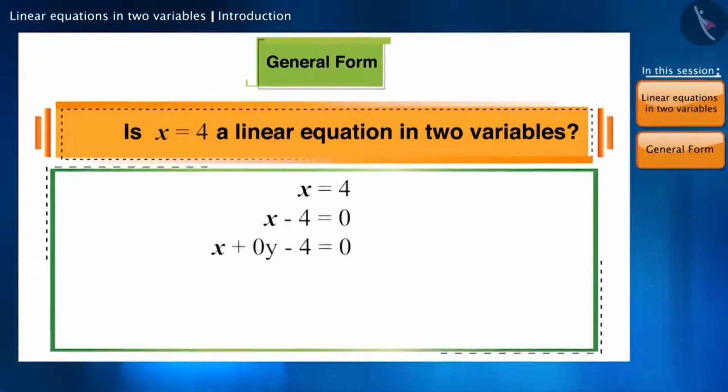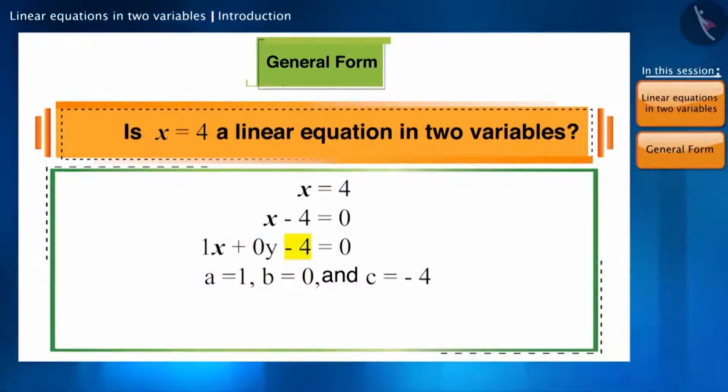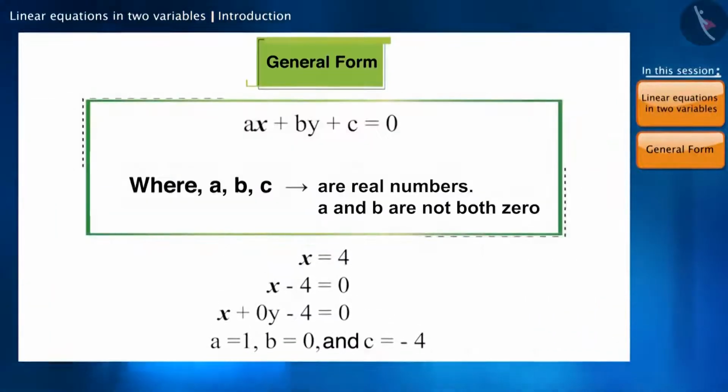Now, it is in the form of a linear equation in two variables. Here, a is equal to 1, b is equal to 0 and c is equal to minus 4. So, we can say that even if either a or b is 0, the equation can be represented in the form of a linear equation in two variables.